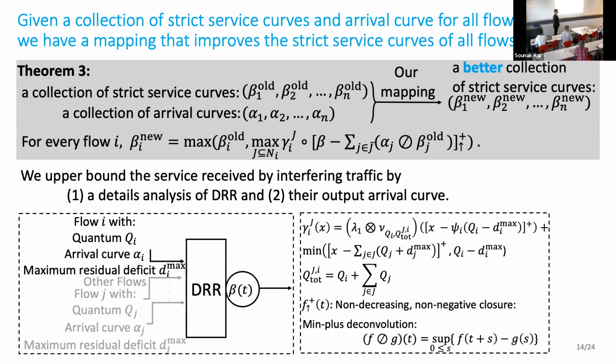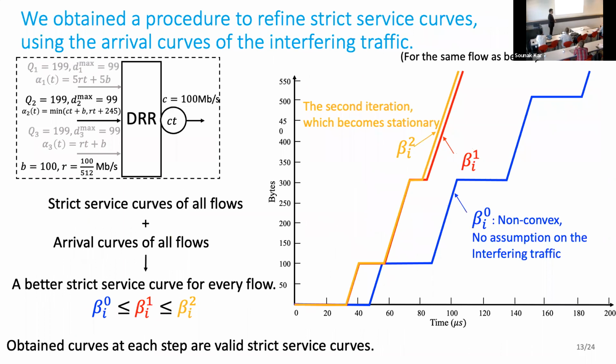Is there an asymptote here? Because if you keep doing this, you will reach a point where you get an asymptotic value. The question is whether we are guaranteed to converge at some point, whether there is a guarantee that we will converge.